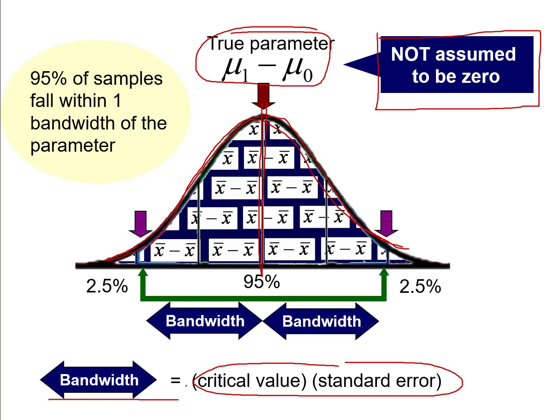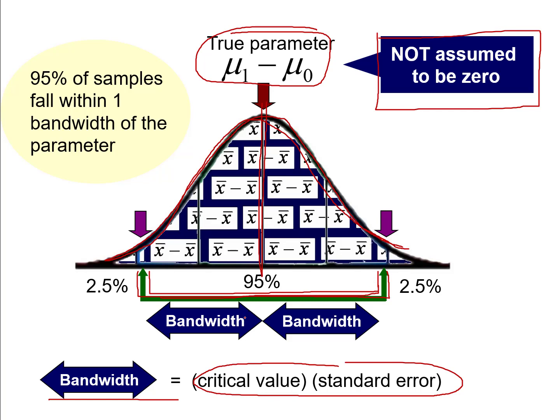And I know that whatever the true population parameter really is, 95% of the time samples will fall plus or minus 1 bandwidth from that true population parameter. That is, if I replicate my study over and over and over, and each time I calculate a mean difference value, I know that 95% of these mean difference values will fall in this green area, that is, the area in between the two green arrows. 95% of the cases will fall within that green area.